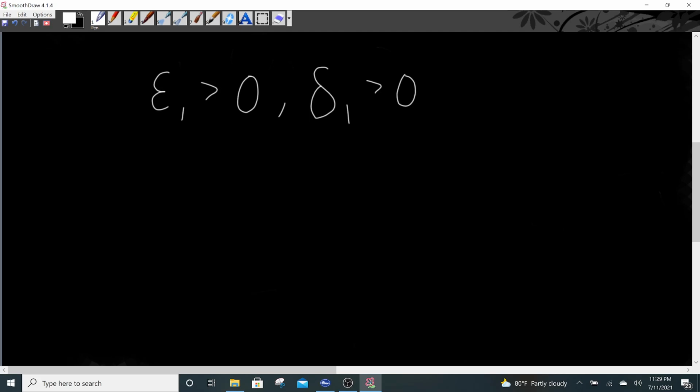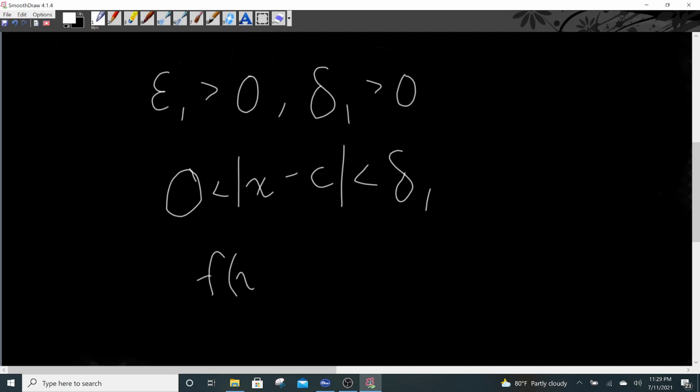And so we can say that for 0 less than the absolute value of x minus c, which is less than delta 1, there will be an absolute value of f of x minus L1, because we're splitting our function, that is less than epsilon 1.